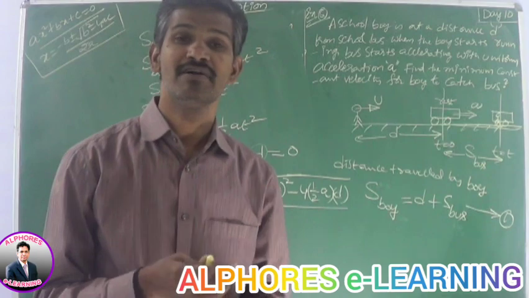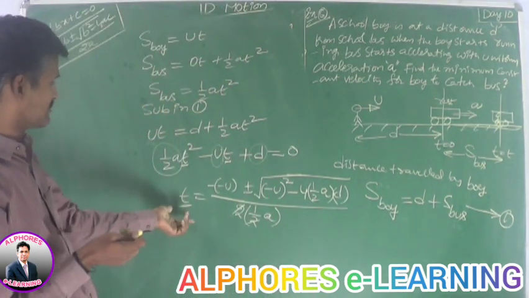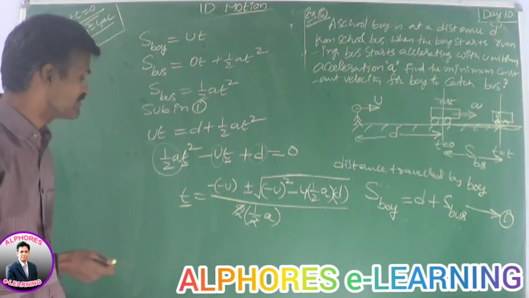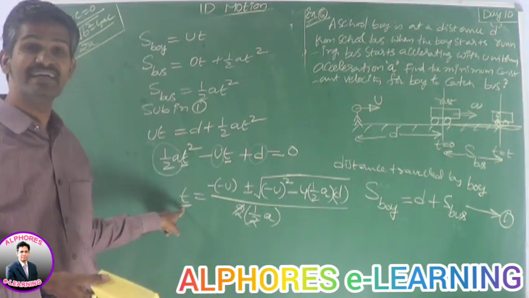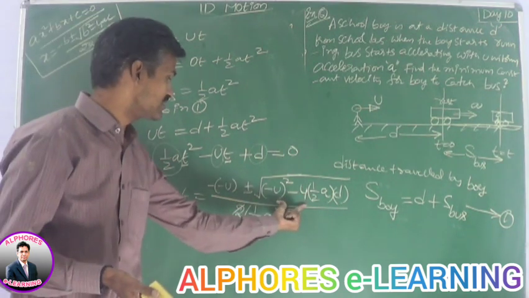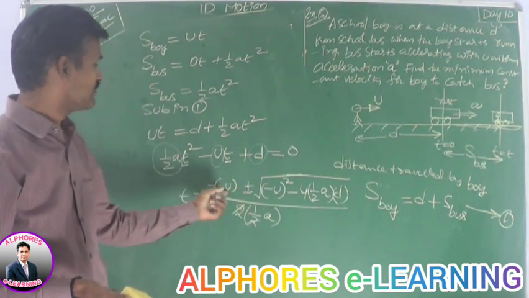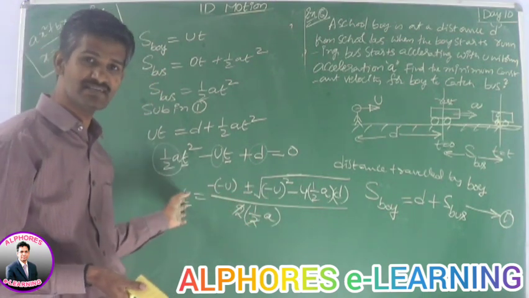But they are asking what the minimum velocity is. So how do we find this minimum velocity from this? To find the minimum velocity, you have to consider that this t must be real. Suppose if this term is dominant, then what happens? It will be imaginary. There will be some imaginary terms.